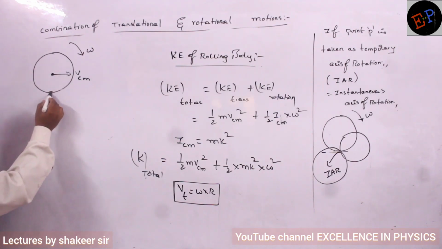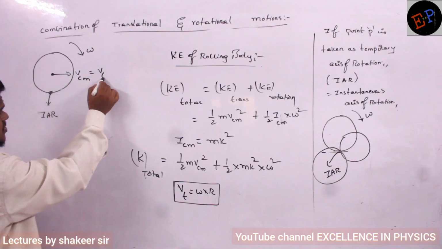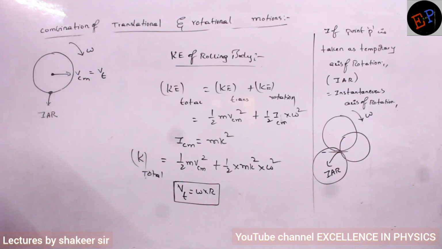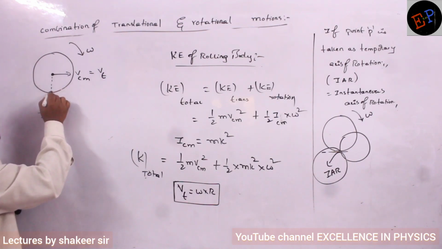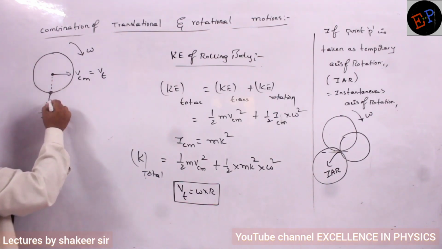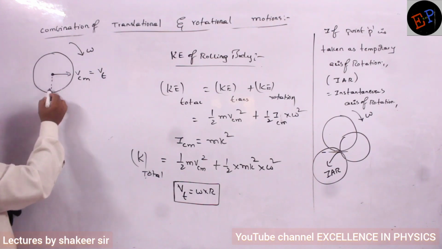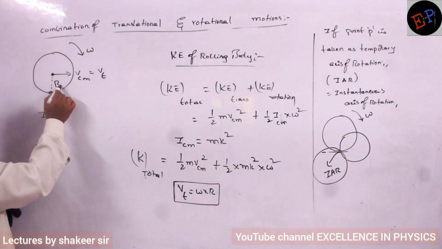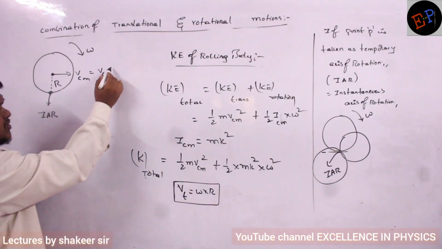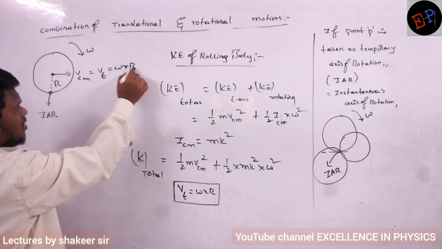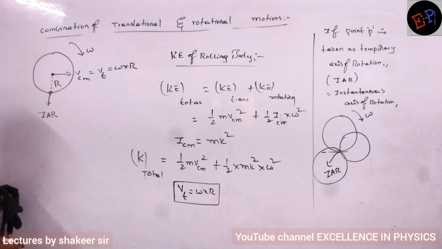If this is the axis of rotation, this is a tangential velocity also. ఈ పాయింట్ దగ్గర tangential velocity ఎంత ఉంటుంది చెప్పండి? What is the distance from the axis of rotation? Distance of this point from axis of rotation is r. Then what is the formula for tangential speed? V tangential is equals to omega into r. That's all.